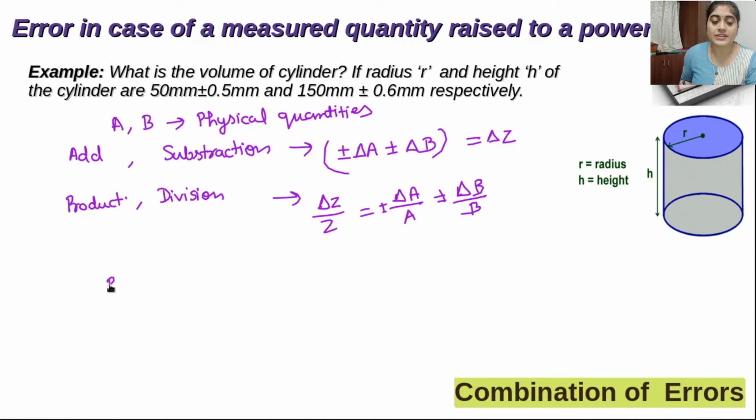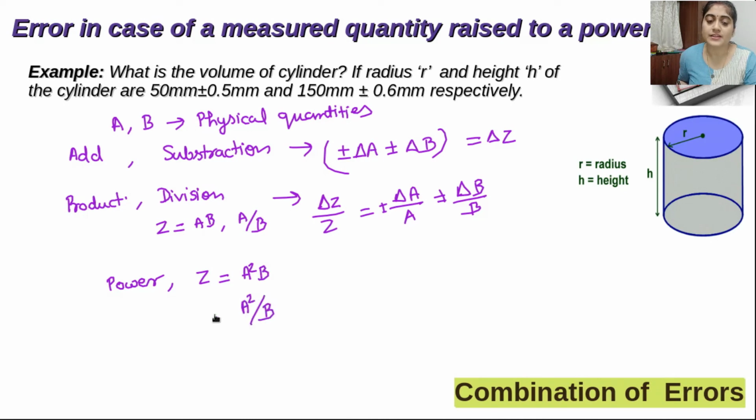But if you also have a power, the equation can be anything: Z equals A into B, Z equals A by B, like that. But if Z equals A square B or A square divided by B, then delta Z by Z equals 2 times delta A by A, because of the square.